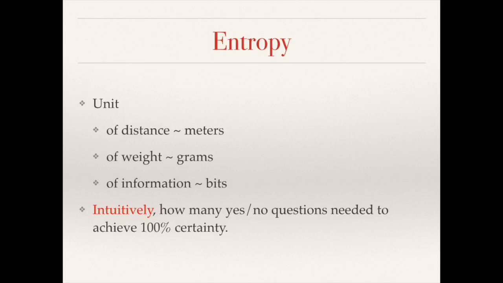Intuitively thinking, bits represent the number of simplest possible questions, that is yes or no questions, one needs to answer to get rid of all the uncertainty in a system. And this number of yes and no questions, so-called bits, represents the information contained in that uncertain system.